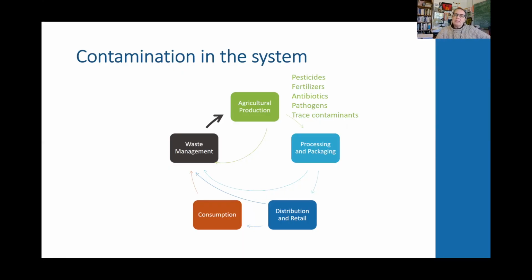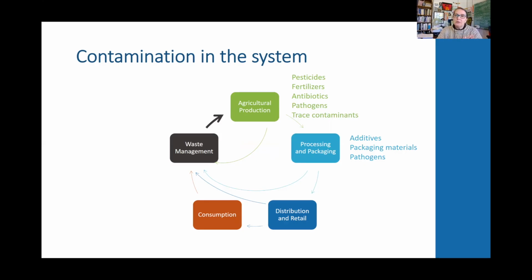And trace contamination can enter into the system at this point through uptake in the soil, in irrigation water, and from aerial deposition onto the site where the food is being produced. During processing and packaging, additives may be incorporated into the food, which wouldn't normally be in that material, so that can add a bunch of chemicals into the system.